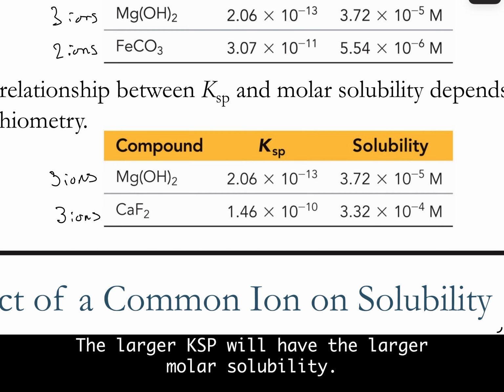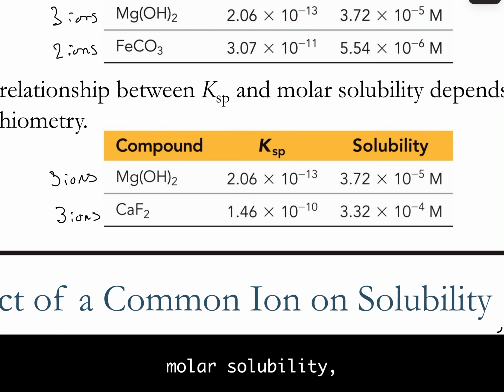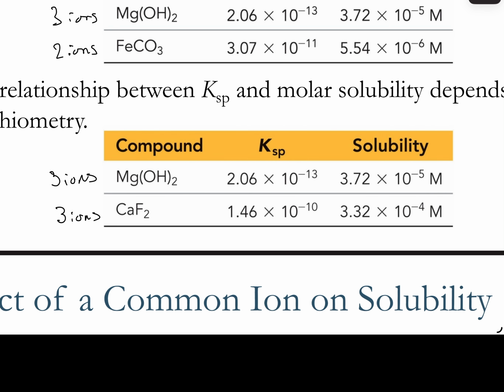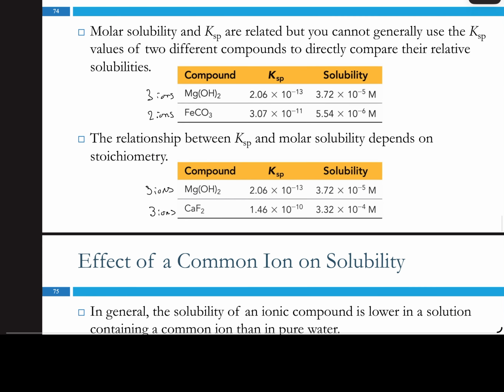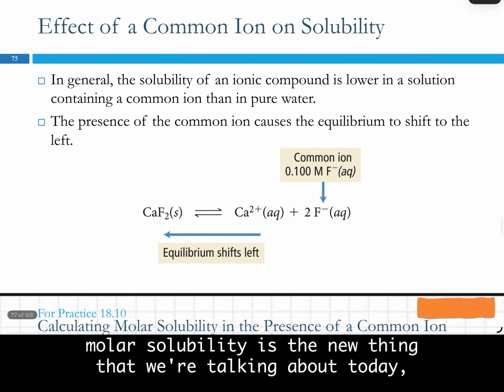The larger KSP will have the larger molar solubility. The smaller KSP will have the smaller molar solubility, but only when there's the same number of ions. Kind of a little asterisk on molar solubilities.